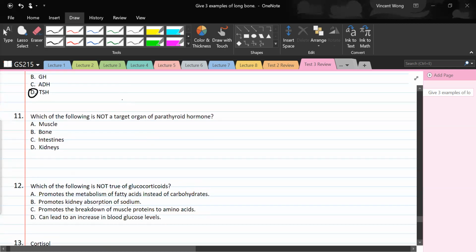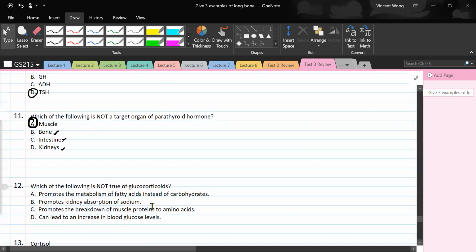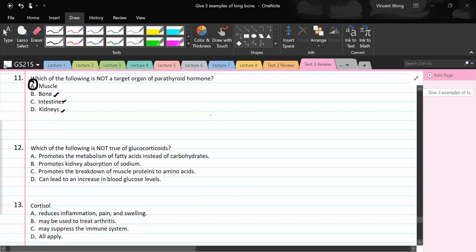Which of the following is not a target organ for parathyroid hormone? Parathyroid hormone is going to bring the blood calcium level up by absorbing it from bones, intestine, and kidneys. Muscle is not a target. Which of the following is not true of glucocorticoids? Okay, the main glucocorticoid is cortisol. And so what does it do? Promotes the metabolism of fatty acids instead of carbohydrates, right?